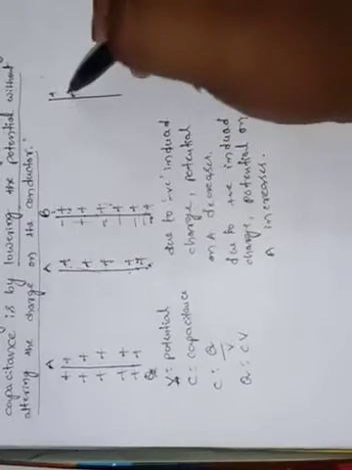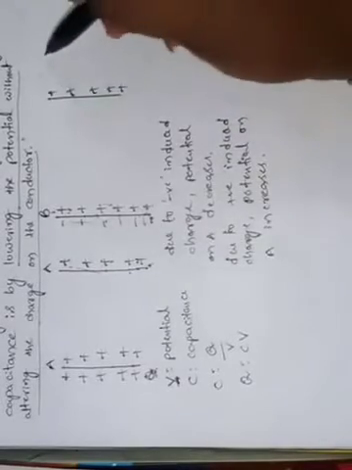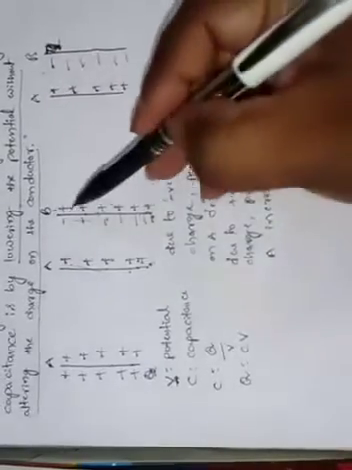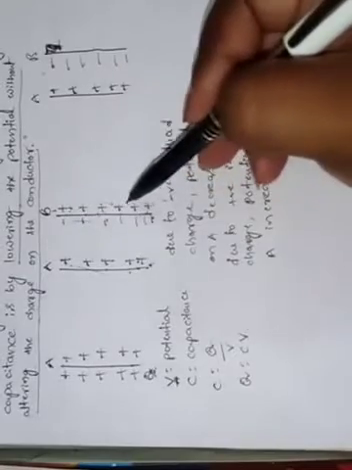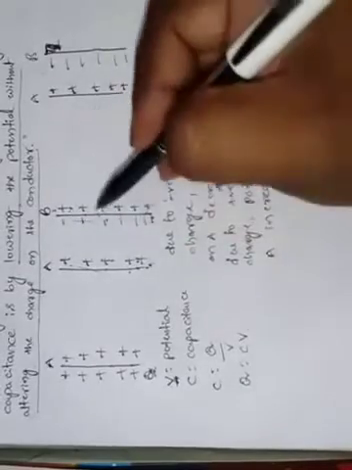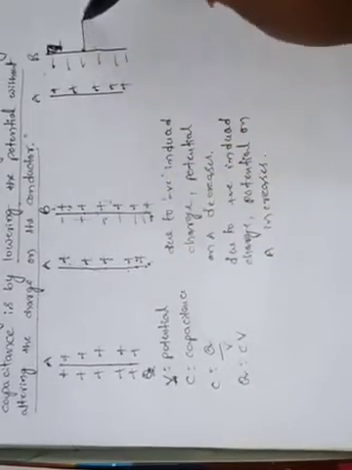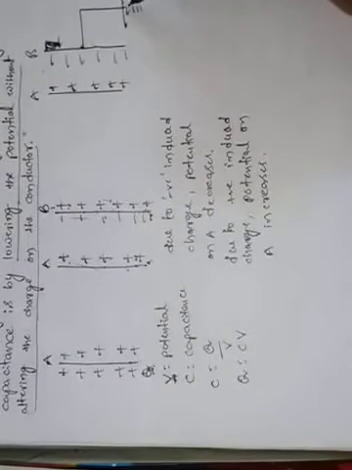This is a positive charge. This is the negative induced charge, metallic plate A, metallic plate B. Now this positive induced charge is on the outer surface of B. We connect this outer surface to the earth. This is called earthing.